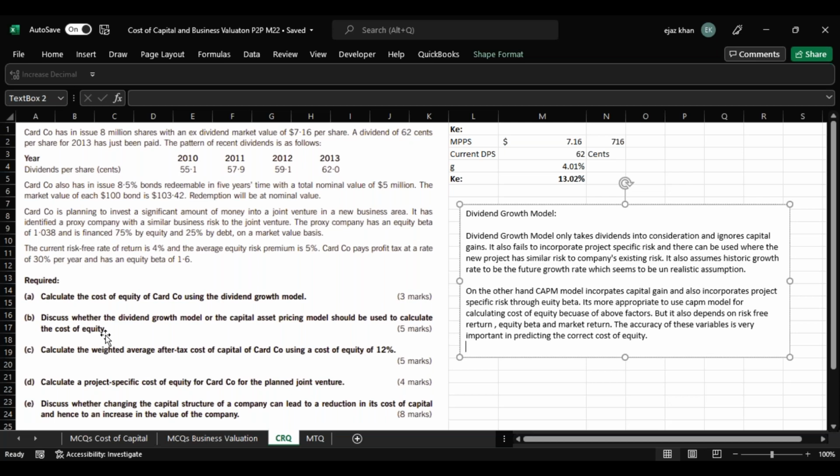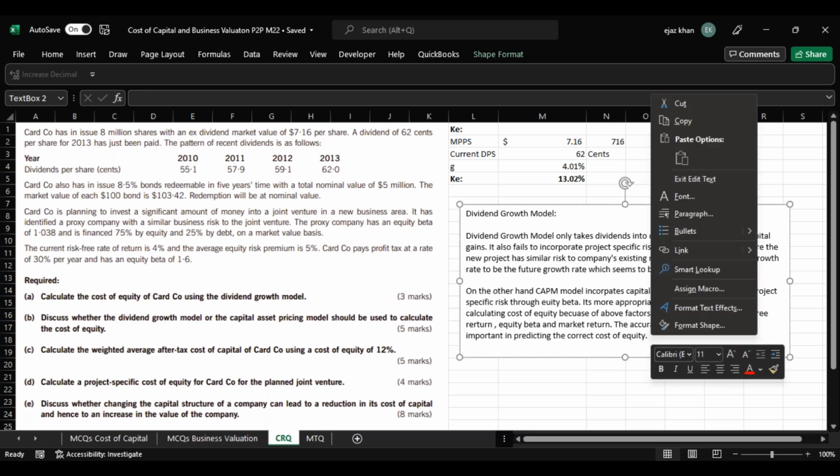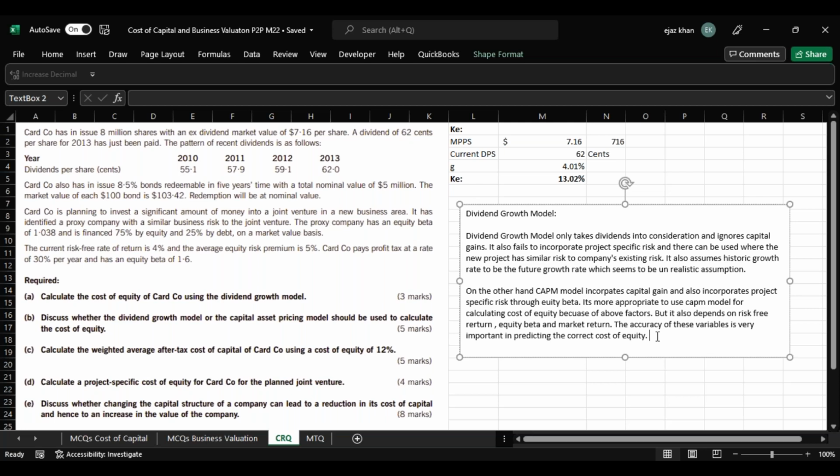So your answer should be drafted in such a way that when you end your discussion, the reader should be able to find out a relatively better option. Is it clear?